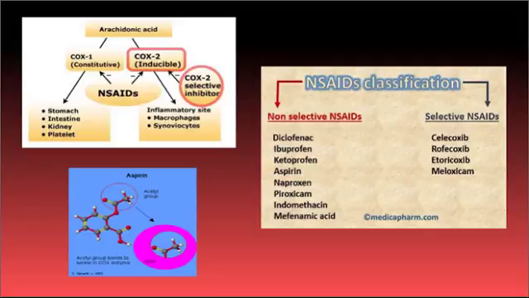On your pharmacokinetics, on that same chart 25.1, you will see that 80 to 90% crosses over the placenta. So again, it is contraindicated and should not be given during pregnancy. 50% of it is excreted in your urine.